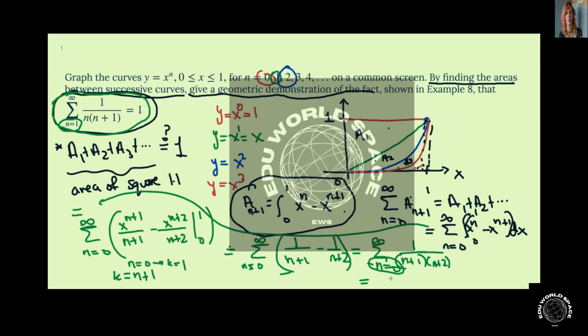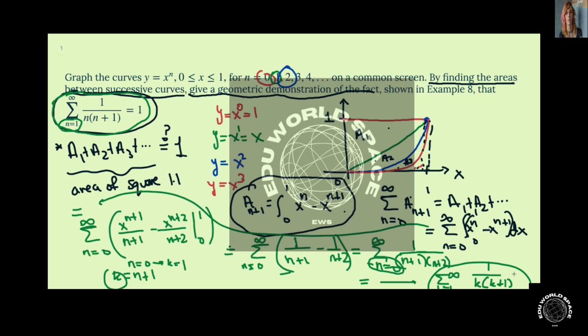So I can rewrite this using a new sigma, k equals 1 to infinity. And then I have 1 over n plus 1, that's just k, and n plus 2, that's just k plus 1. And this is the same as the sum that was already given.